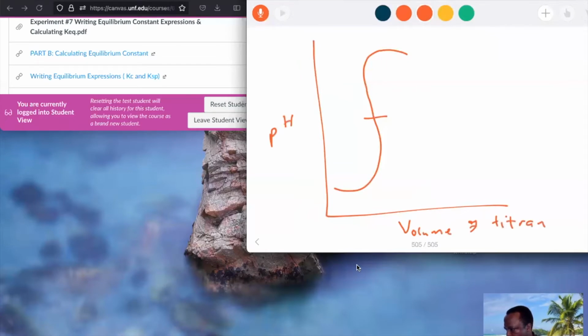Titrant is what goes in the burette, or the standard. pH changes depending on, this is strong base, strong acid titration curve, strong acid, strong base titration curve.